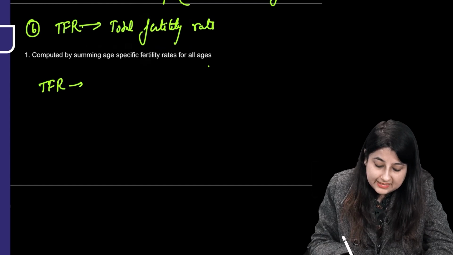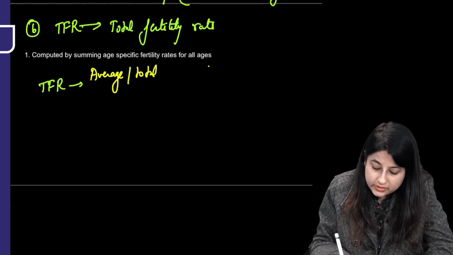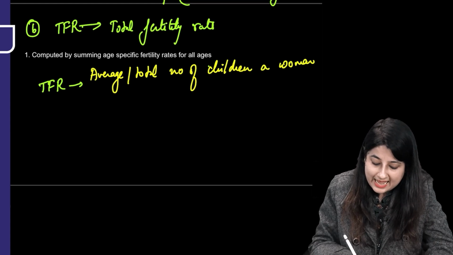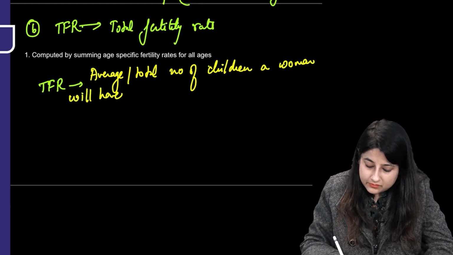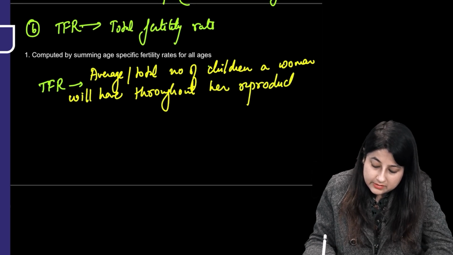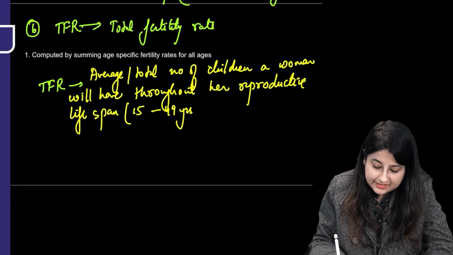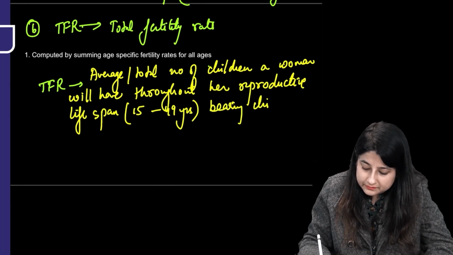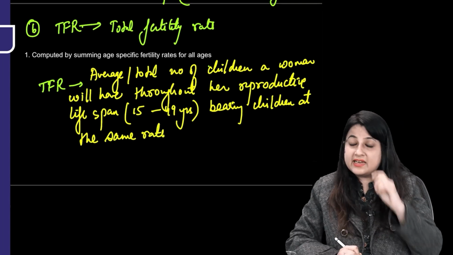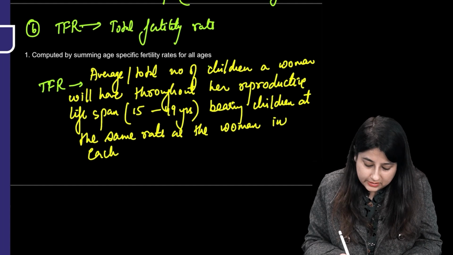Total fertility rate is simply the average or total number of children a woman will have throughout her reproductive lifespan, meaning throughout 15 to 49 years, bearing children at the same rate as the women in each age group.